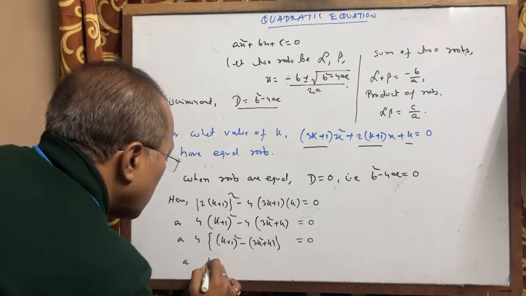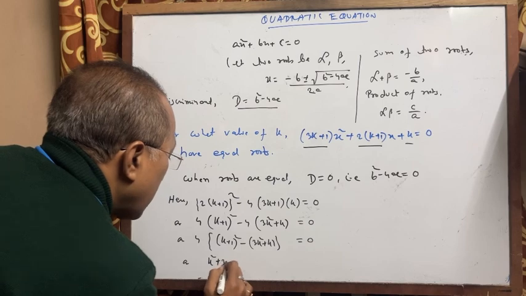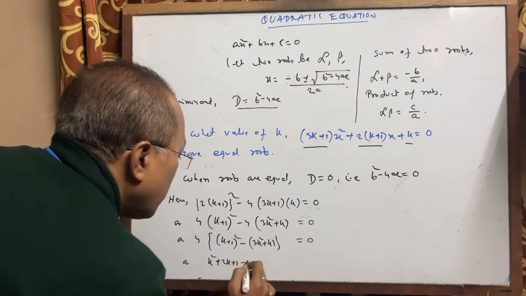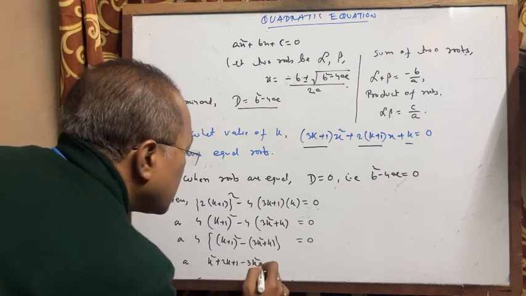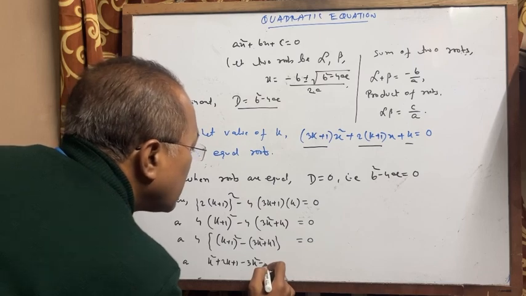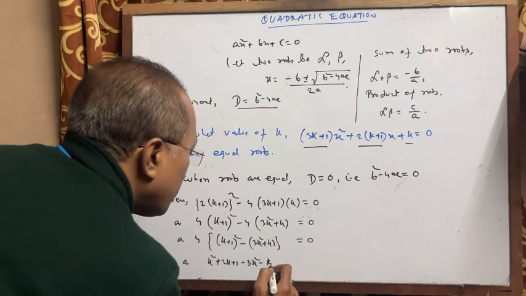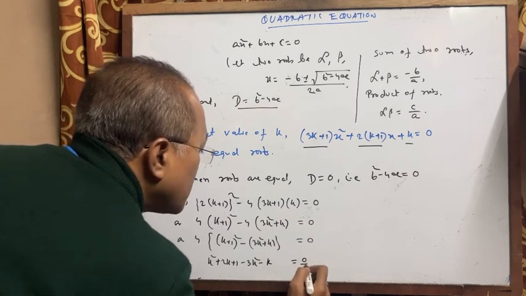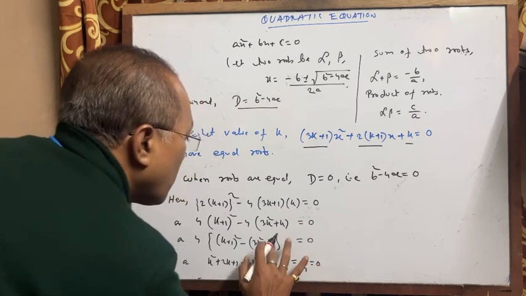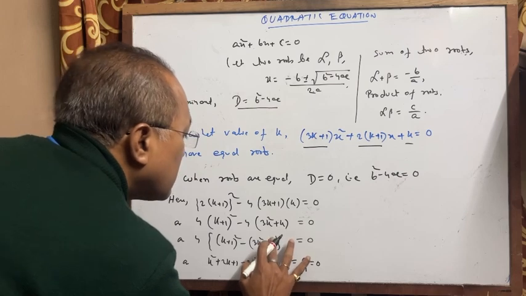(K plus 1) whole square is k square plus 2k plus 1. Here it is 3k square minus k. That is equal to 0.